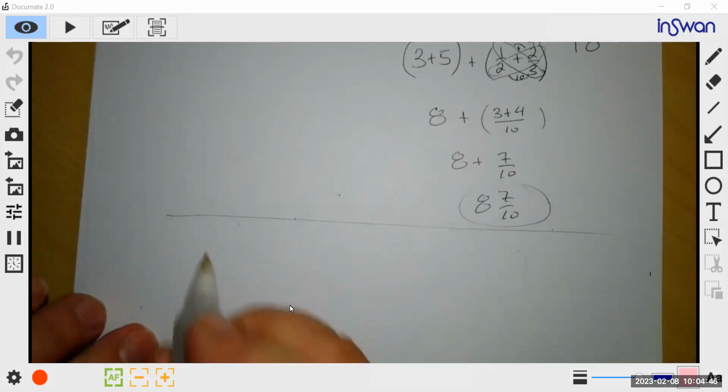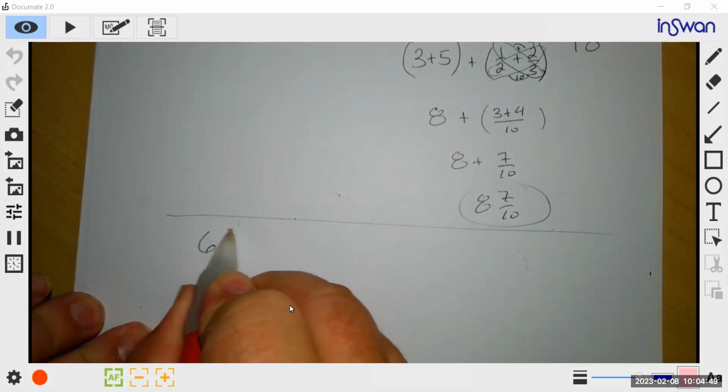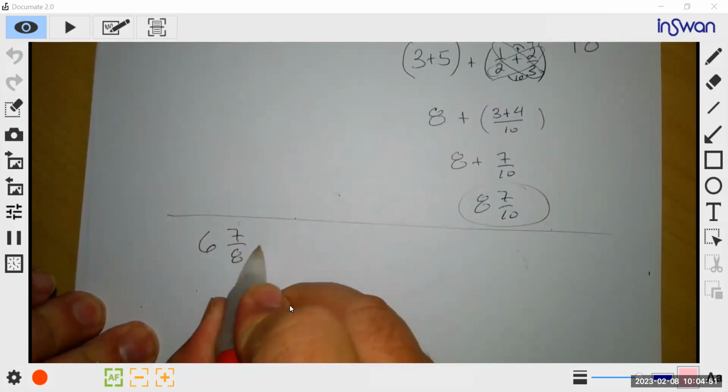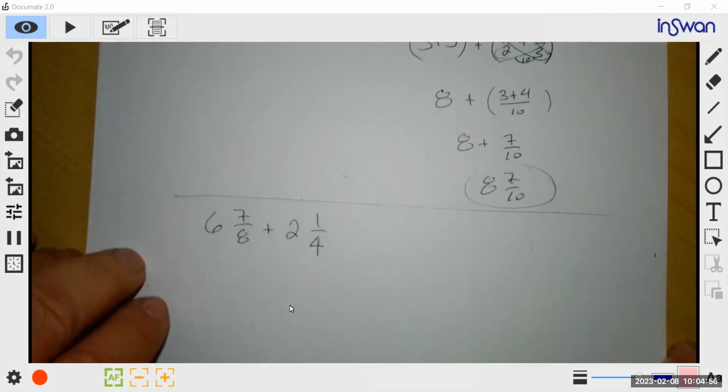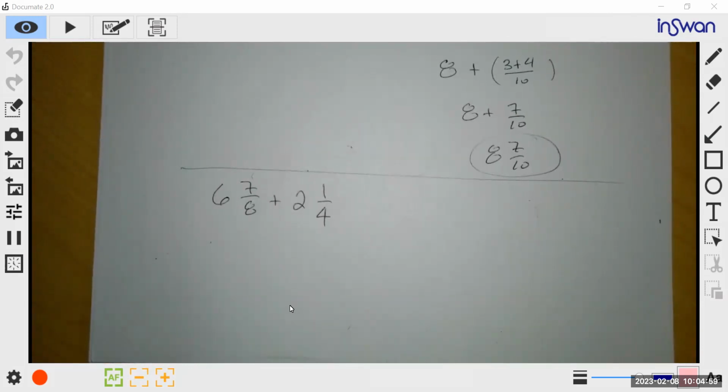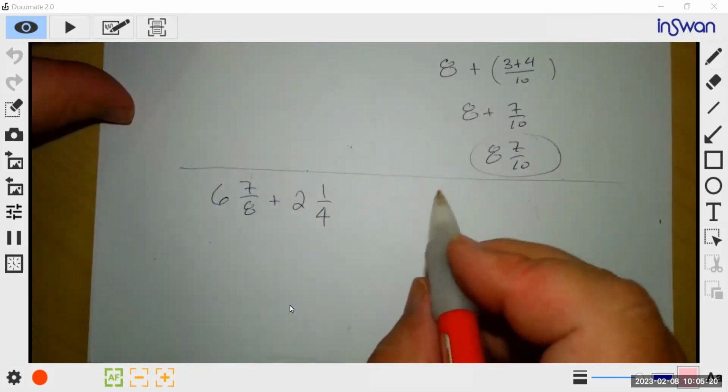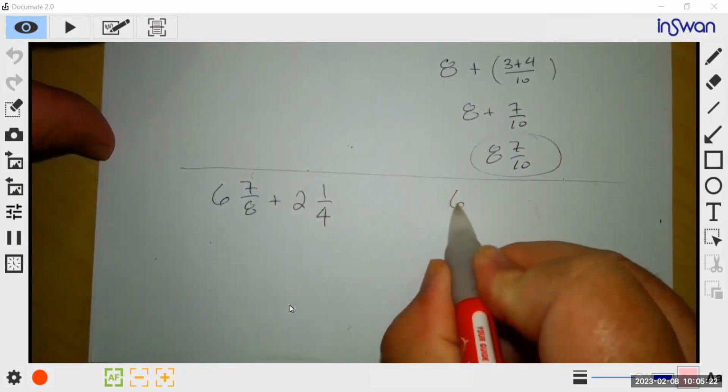Let's look at another one. 6 7/8 plus 2 1/4. So we set it up this way.